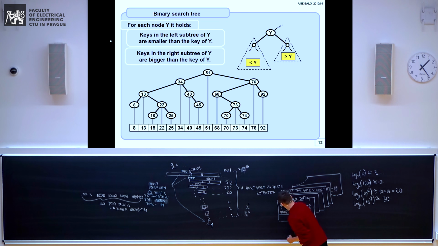You store only the ID, the key, in the nodes of the tree, and associated with that node is also a reference to the whole data. So in reality, the tree looks like this: there is a key, and there is also a reference to the data associated with that key, with that ID.